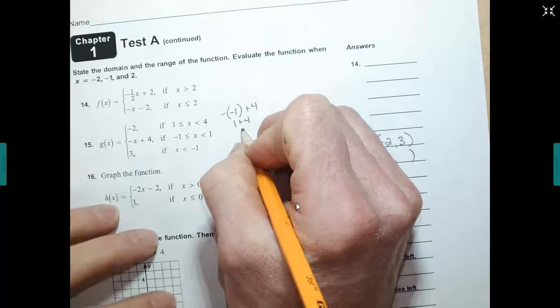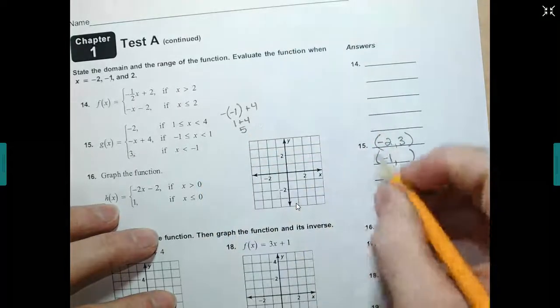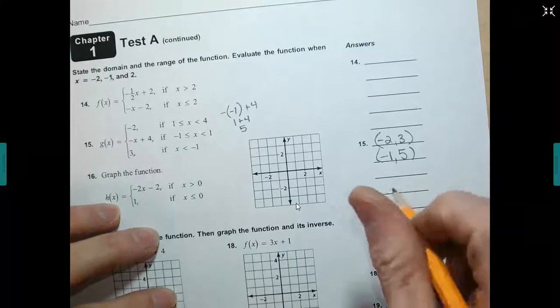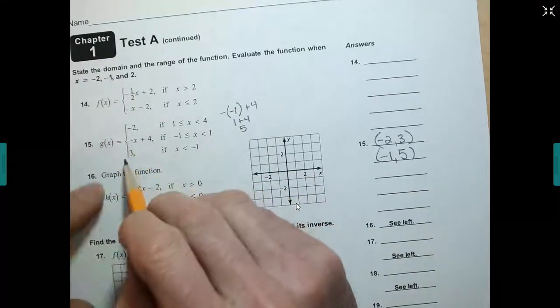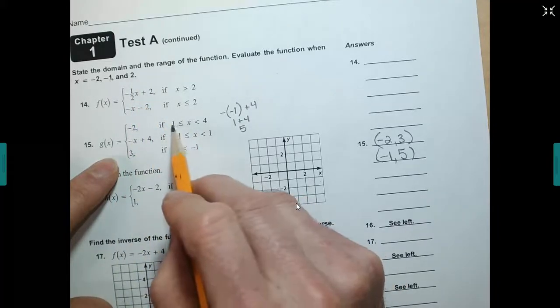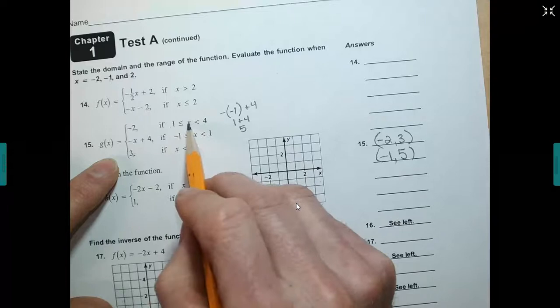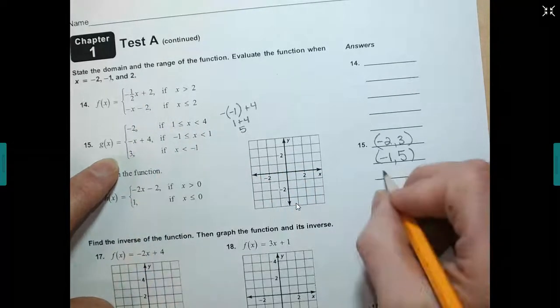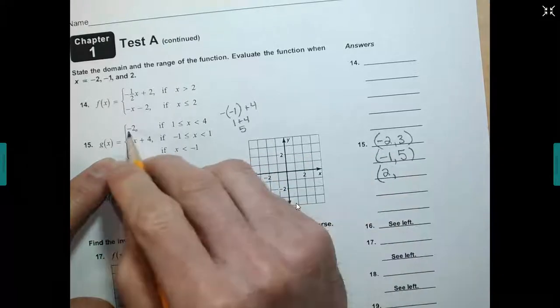So we have 5. So when x is negative 1, our answer is going to be 5. And our last one is 2. So x is between 1 and 4. So 2 is between 1 and 4. So our y is going to be negative 2.